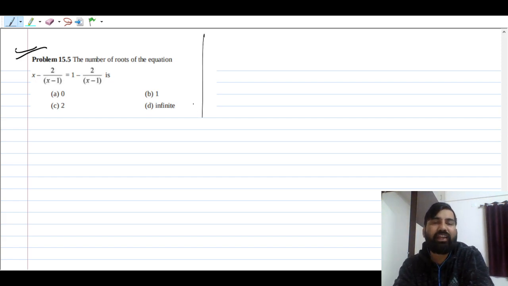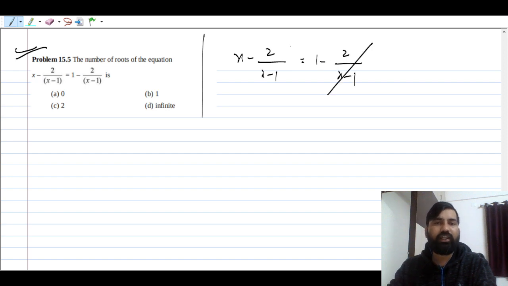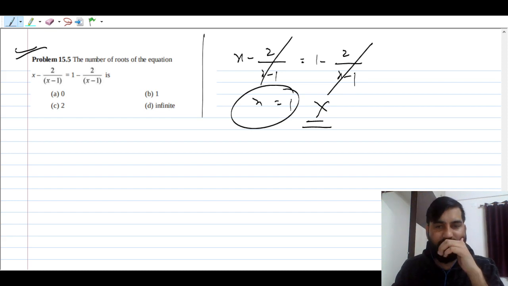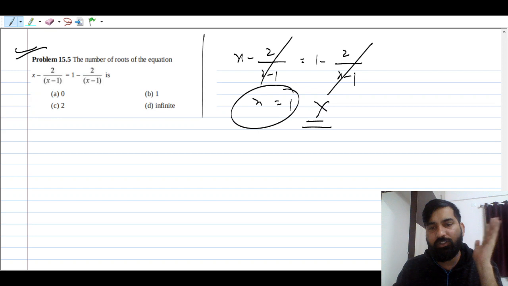You take a look at this equation. Simply you can cancel from both sides. Many people will do exactly this, I'm pretty sure. (x minus 2) by (x minus 1) equal to 1 minus 2 by (x minus 1). This cancels so x equal to 1, but which is not allowed, because x equal to 1 you can't put in this equation. Any value of x should satisfy the equation, but x equal to 1 is not allowed.